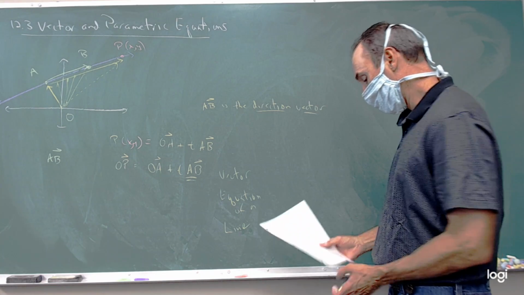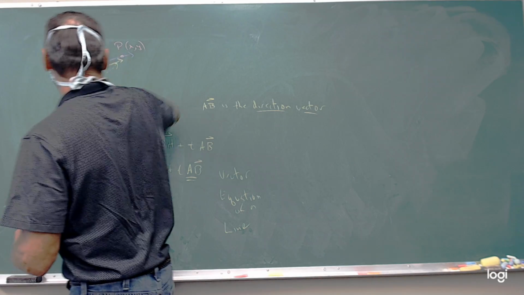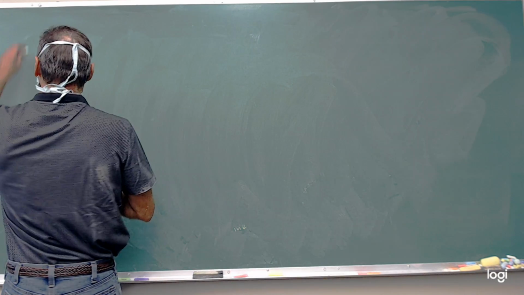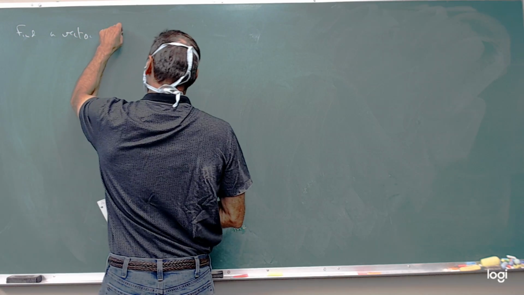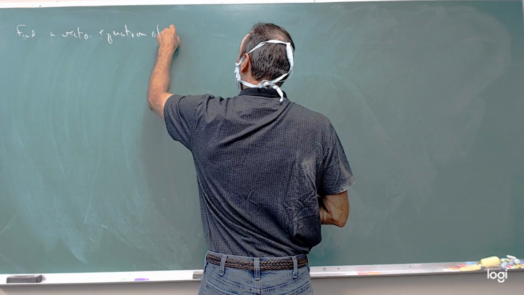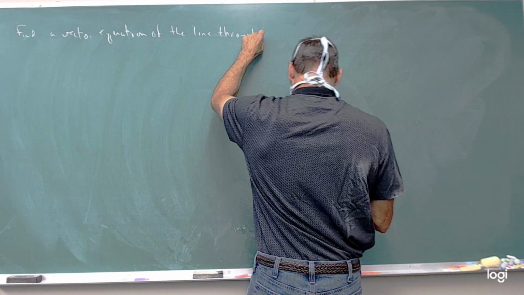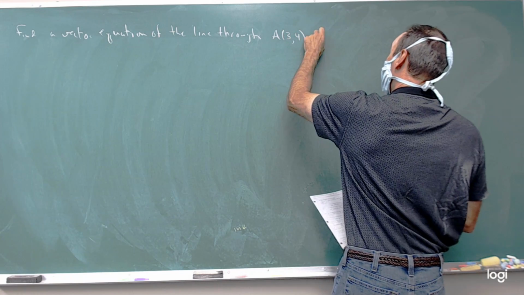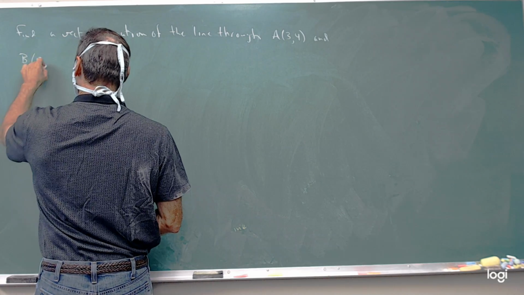Okay, so let's see if we can do one of these with real numbers. Find a vector equation of the line through A, which has coordinates 3, 4, and B, which has coordinates 5, 5.